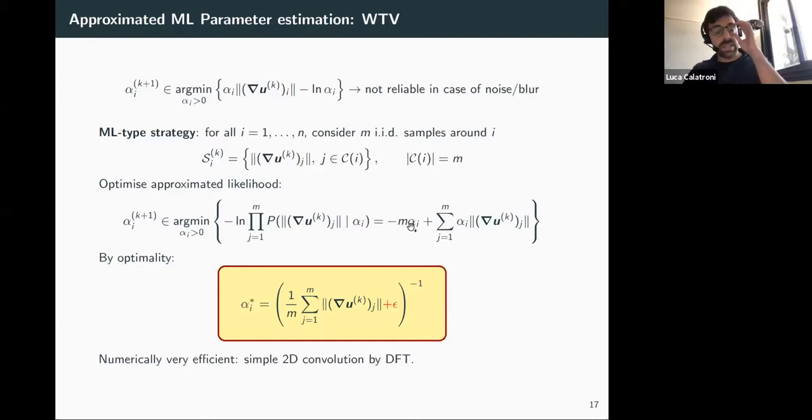And it's quite nice to see that it admits a very efficient closed form solution, because for each i, what you do to select your local regularization parameter is simply to take some average of the gradient magnitudes around that point. And in order to avoid dividing by 0, we introduced a very small parameter epsilon. Clearly, this can be done very efficiently from a numerical point of view, for instance, by computing convolutions by DFT.